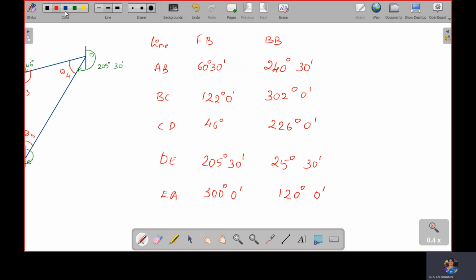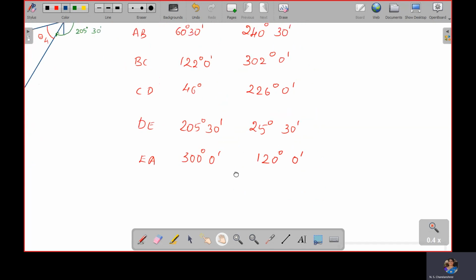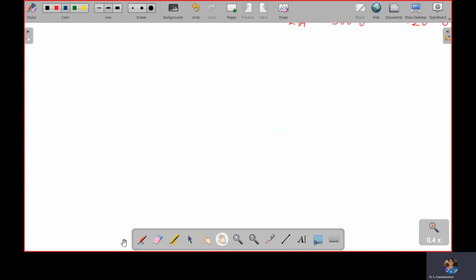Now once we have got all the forebearings and back bearings of the lines, we can start with finding out angle A. Angle A, also called theta 1, which we have denoted there, we can measure by taking back bearing of line EA minus forebearing of AB.